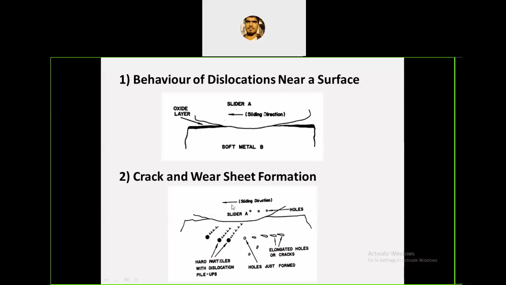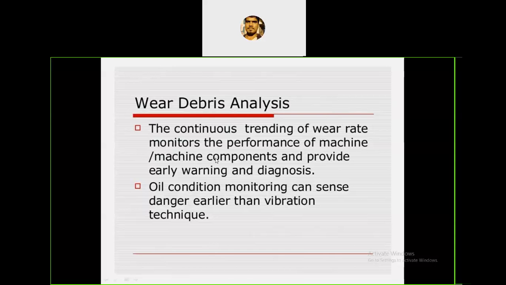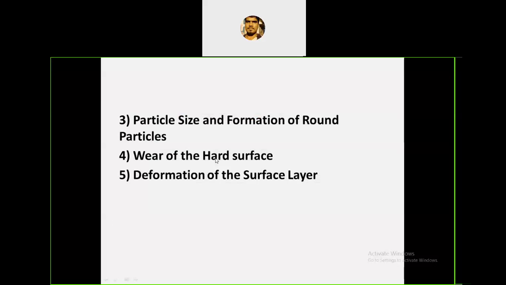This surface becomes separate, a subsurface, just like a sheet. Then there is particle size and formation around the particles on that hole, and wear of the hard surface and deformation of the cell. It is the final action. This is the delamination theory.